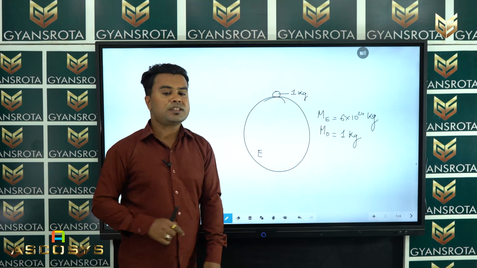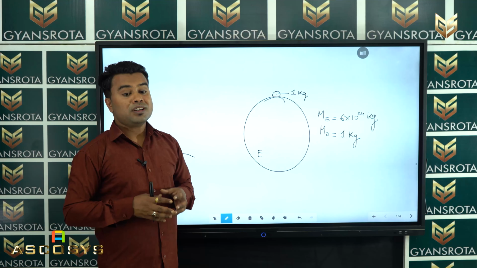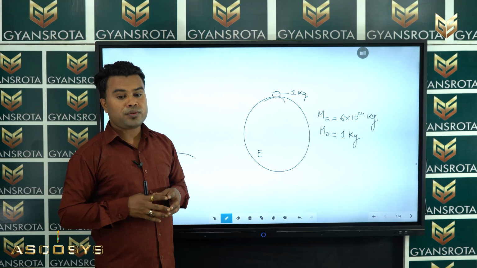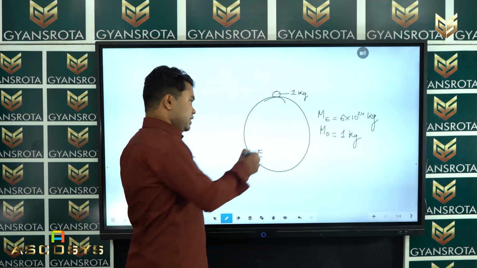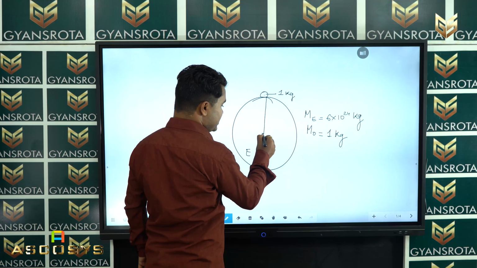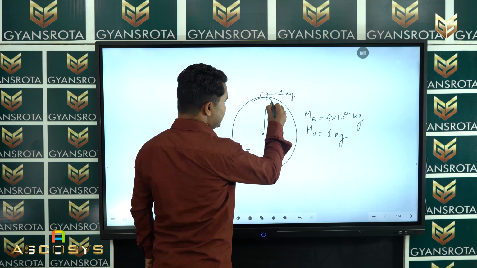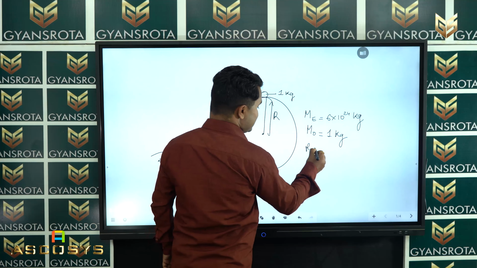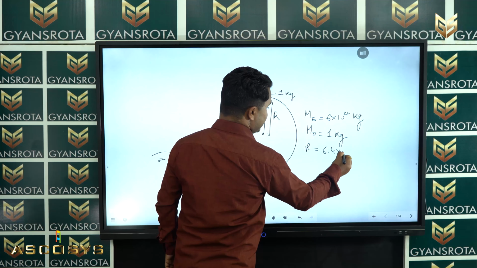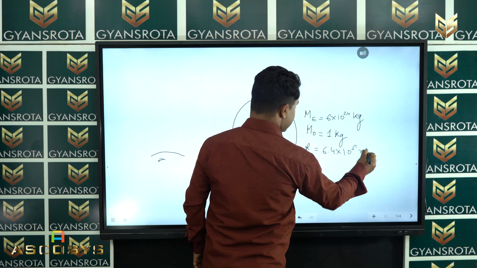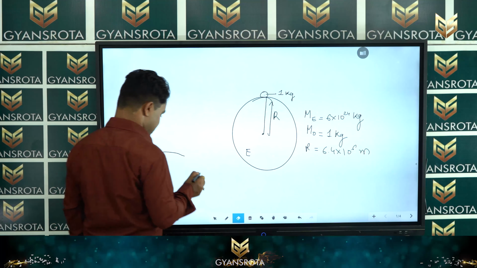Also the radius of the earth is supplied, 6.4 into 10 to the power 6 meter, right?